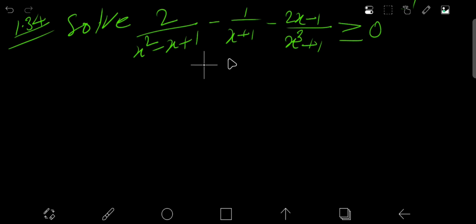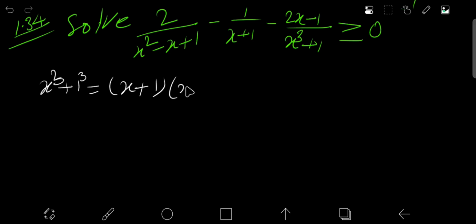Now we know the formula. Firstly we take the LCM. Here x plus 1 we can also write as 1 cube, so both are in cube form, and the a cube plus b cube formula is a plus b into a square minus ab plus b square.